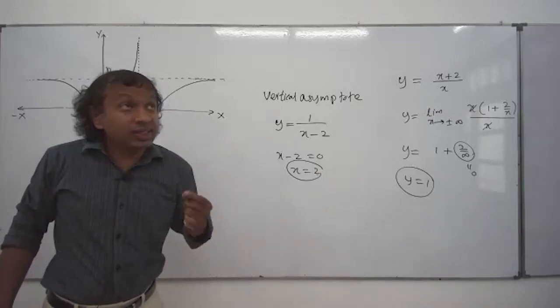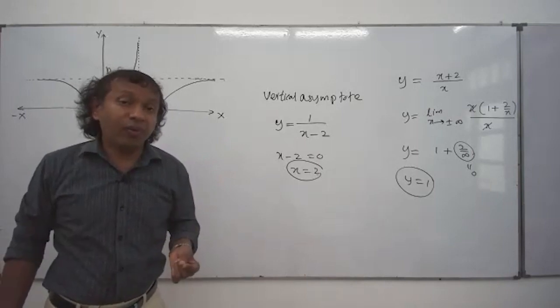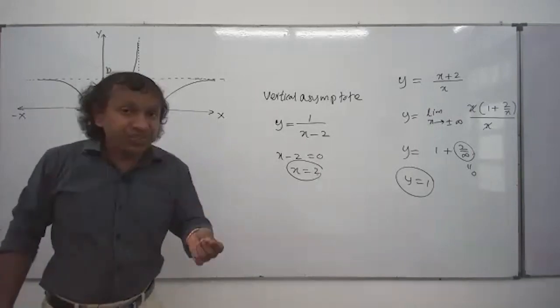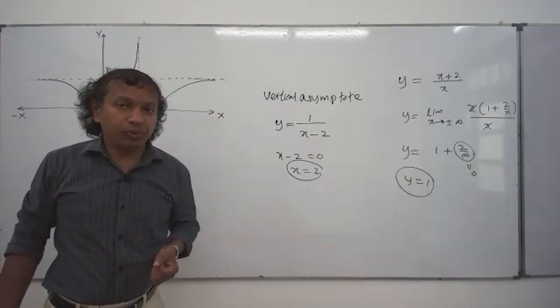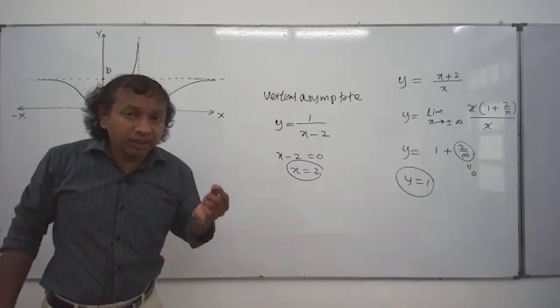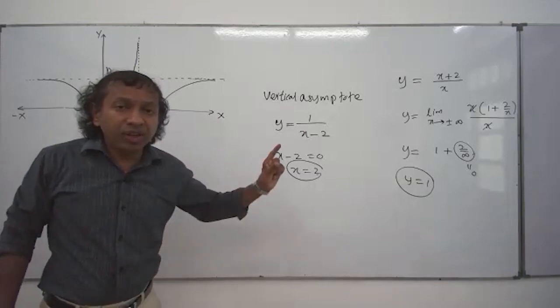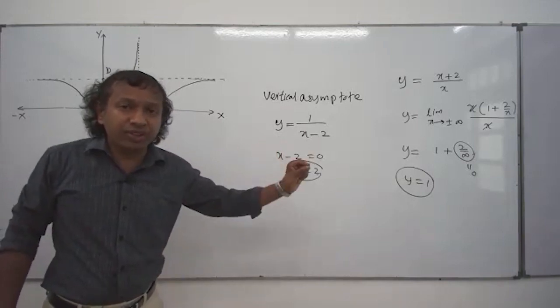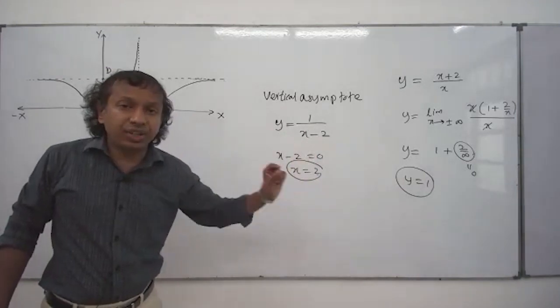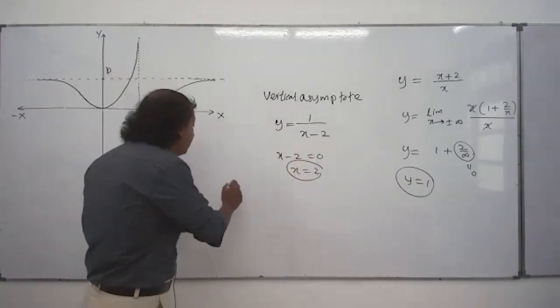Understand? At the stationary point, we know what? First derivative is 0. So therefore, to find the stationary points, what we have to do is, the given equation of the function, the graph, we have to differentiate. And we have to find dy by dx.